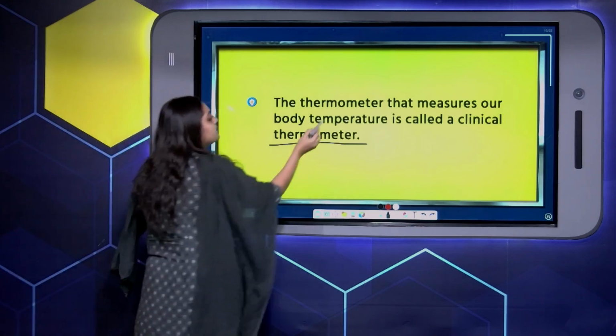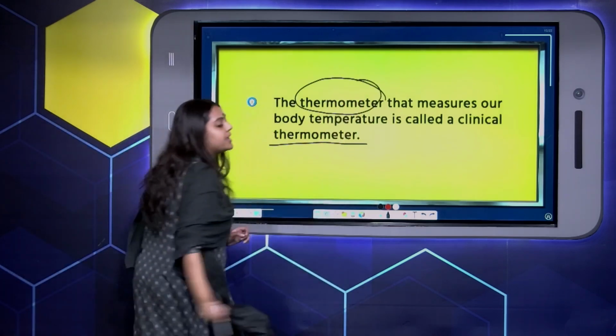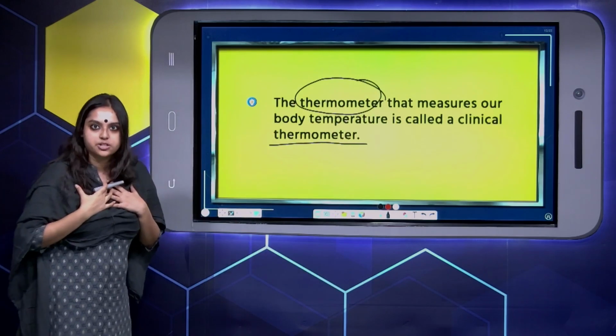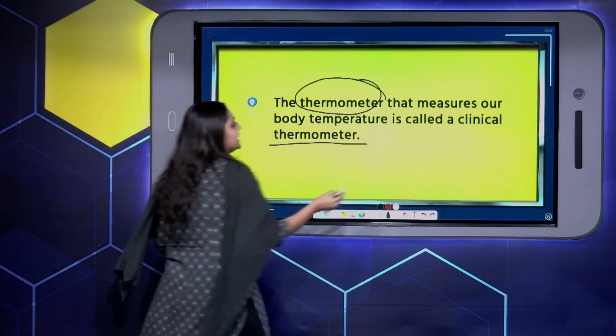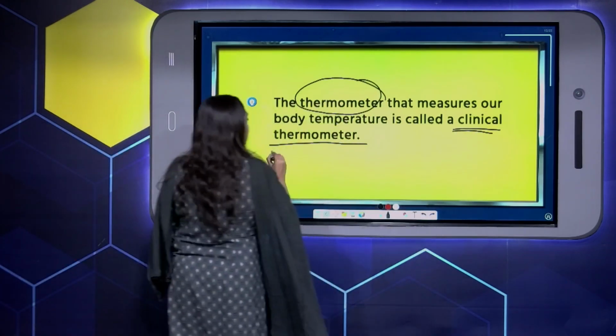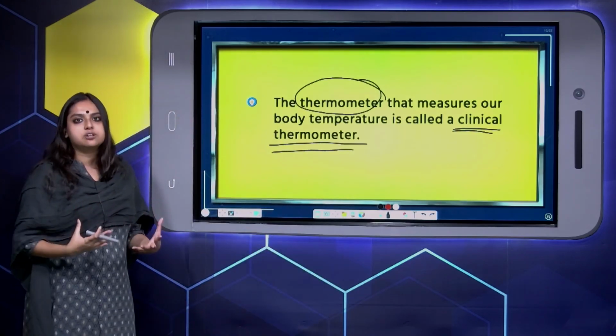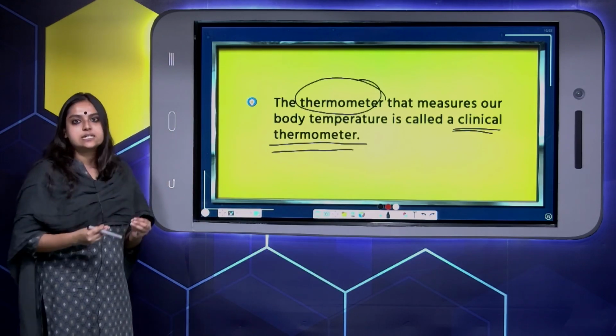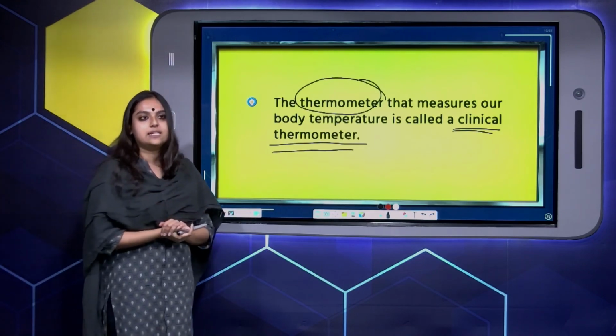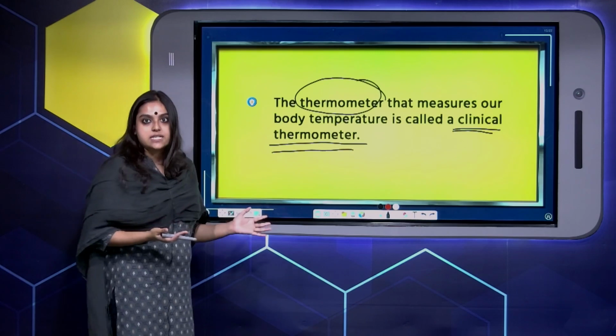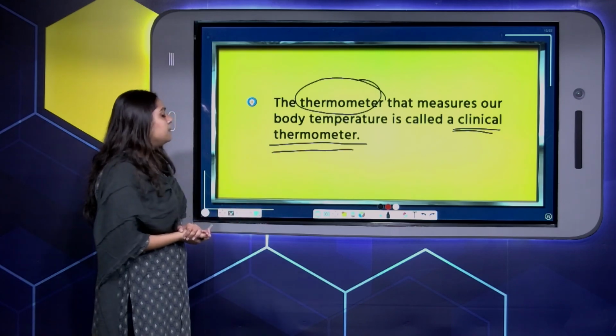So, the thermometer that measures our body temperature is known as clinical thermometer. There are various kinds of thermometers. We will discuss some of them in the next class, or maybe today's class, we don't know.